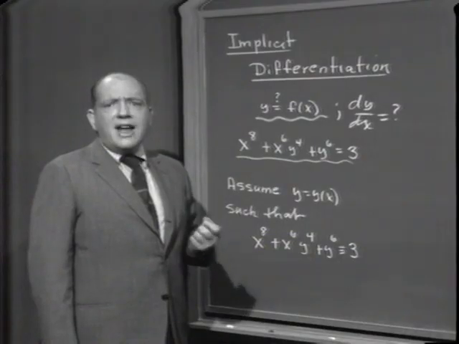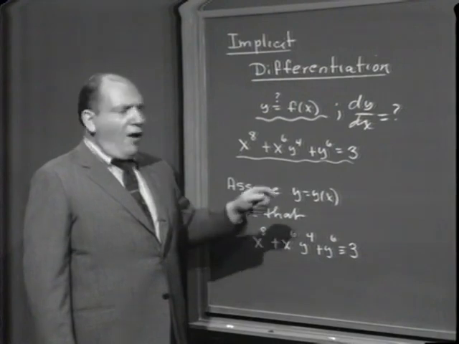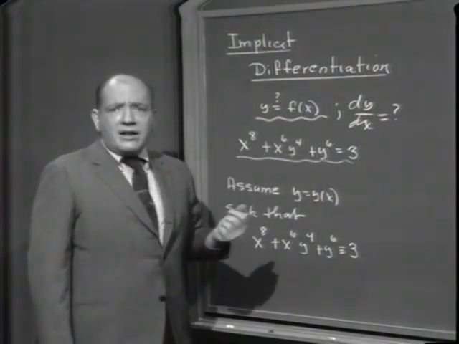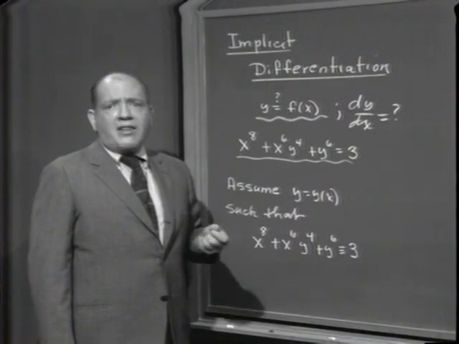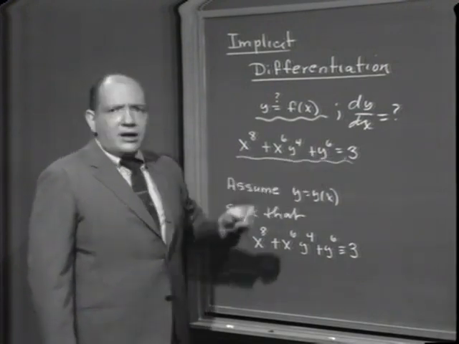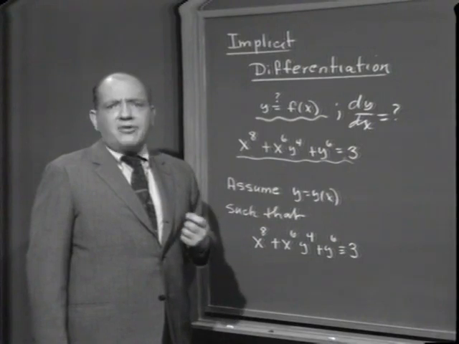The point is, it is very, very difficult, if not impossible, to try to solve this particular equation for y explicitly in terms of x, or for x explicitly in terms of y. And the question is, how do we tackle something along these lines? We make a very tacit assumption.